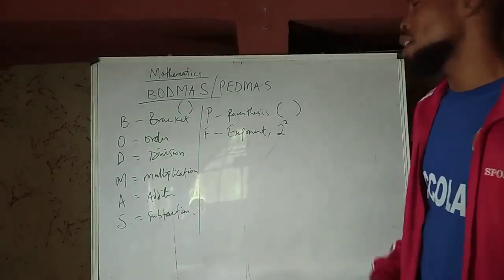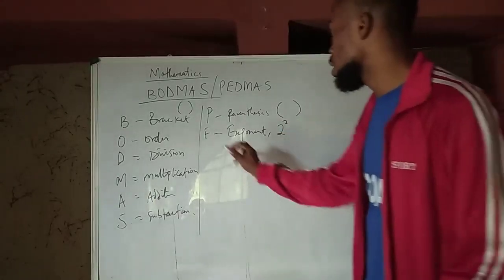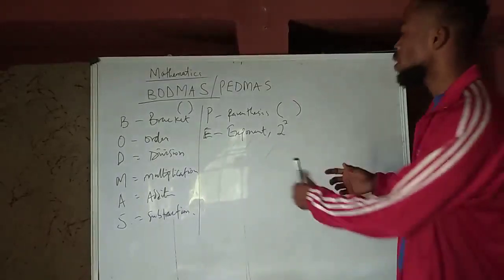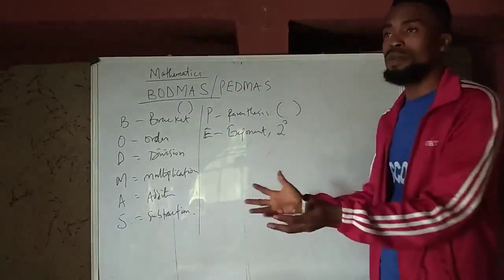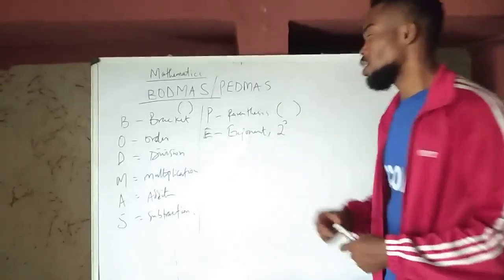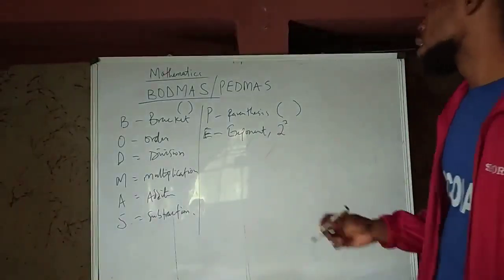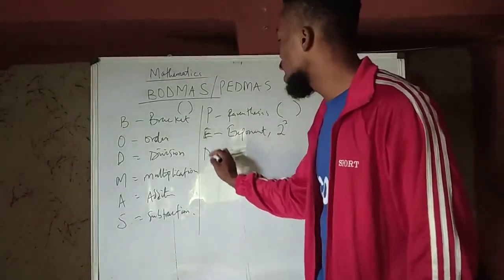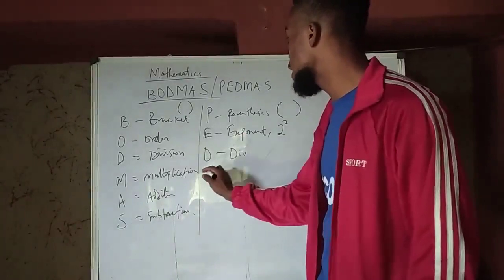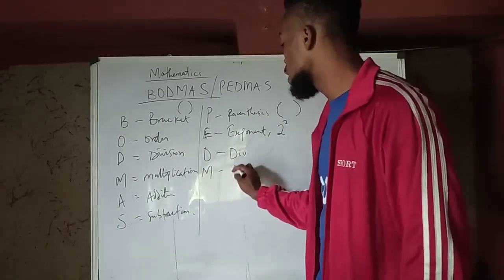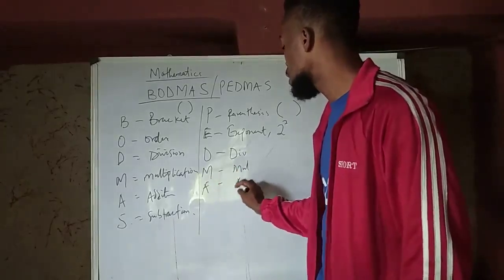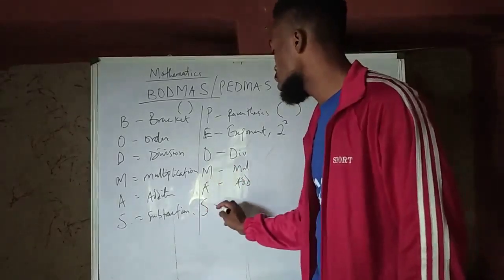I think we'll talk about indices later, so clarity will come from there. But just bear it in mind that when we say exponent, it simply means that a number is raised to a power of another number. Then D is still maintained. All those other ones maintain their usual meaning. This is addition, and this is subtraction.